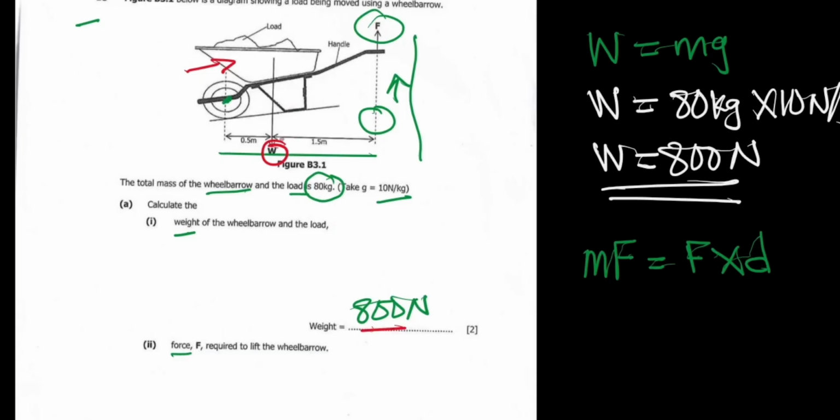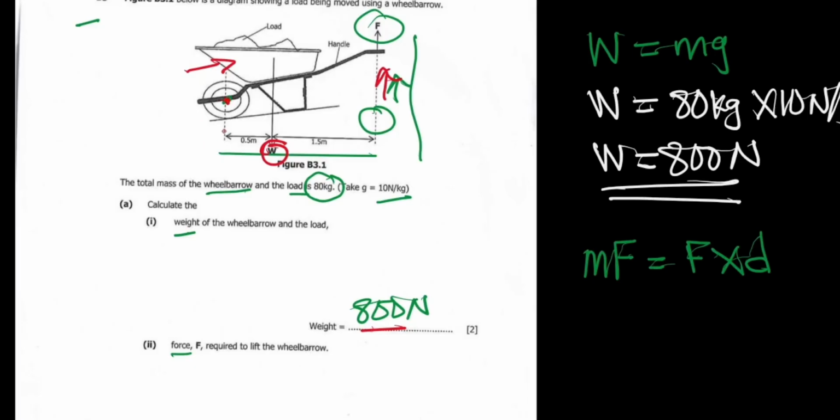So this means that there are two active forces here. There is the weight, which is pulling downwards, and there is this force, which is pulling upwards. So you have two forces being exerted on this entire thing, but the pivot still remains at the wheel axle, which is here. So this is the pivot.